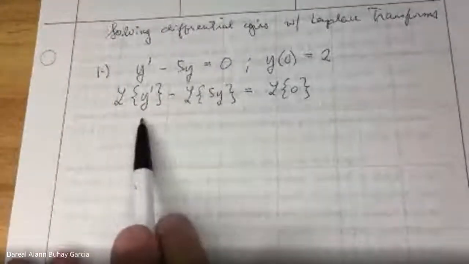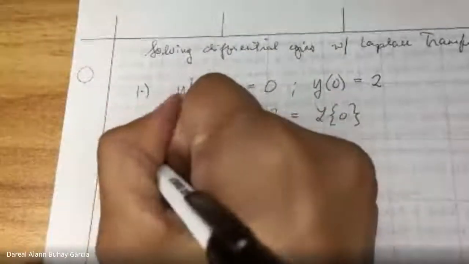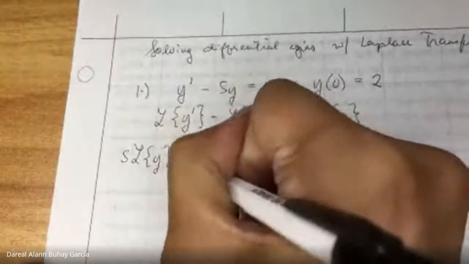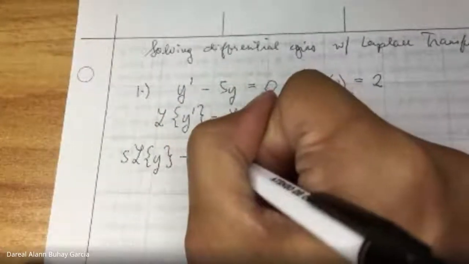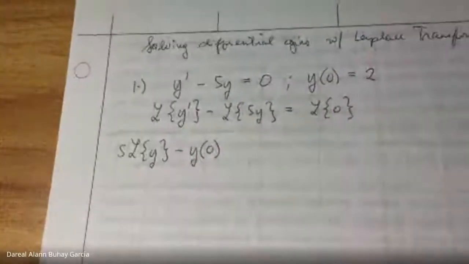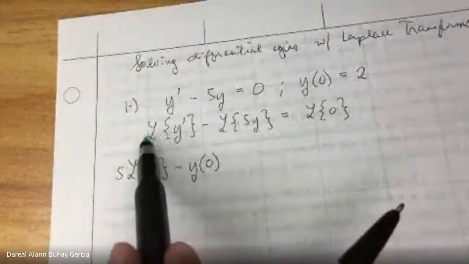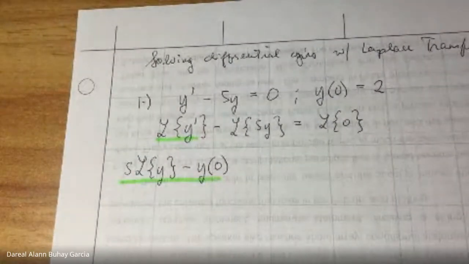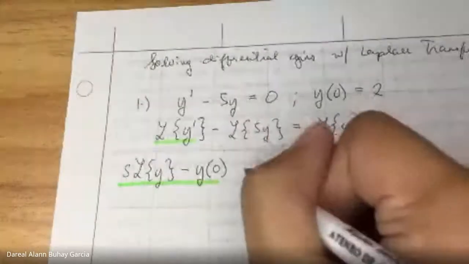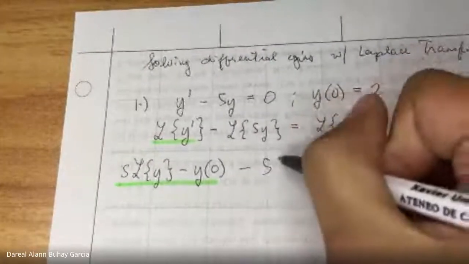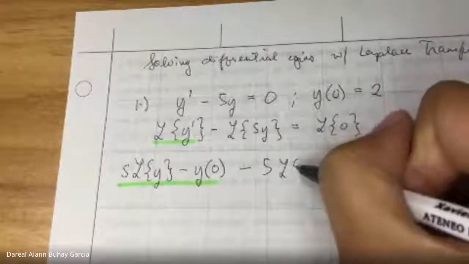So the Laplace of y prime is s Laplace of y minus y of 0. So this one is just this one. Minus 5 Laplace of y.